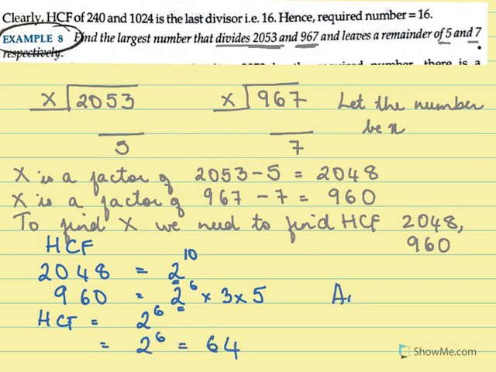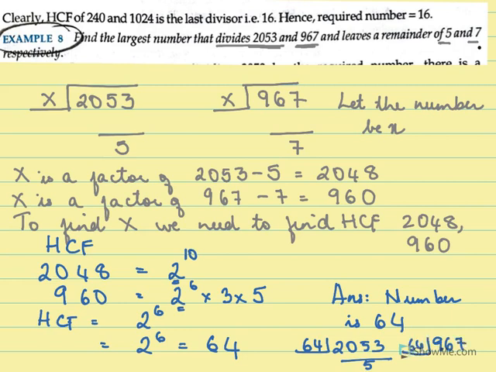So the number is 64. And if you divide 2053 by 64, you'll get remainder 5. And if you divide 967 by 64, you get remainder 7.